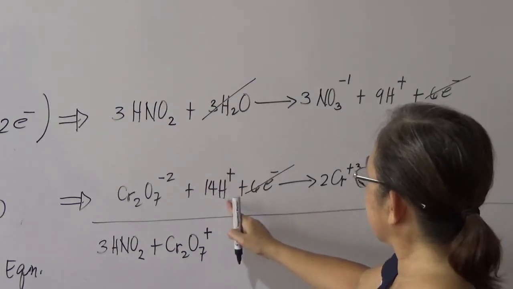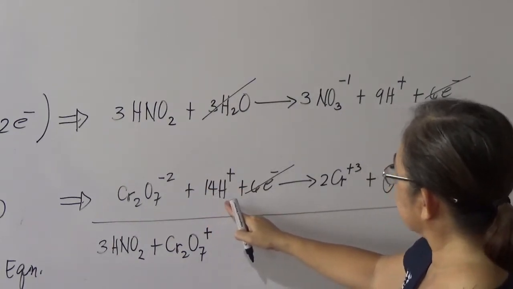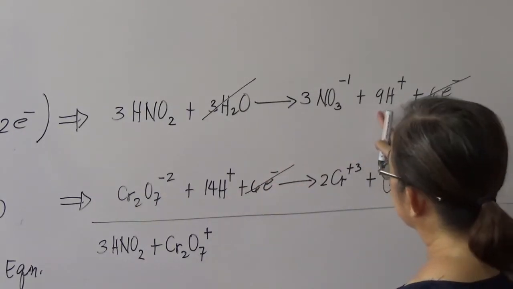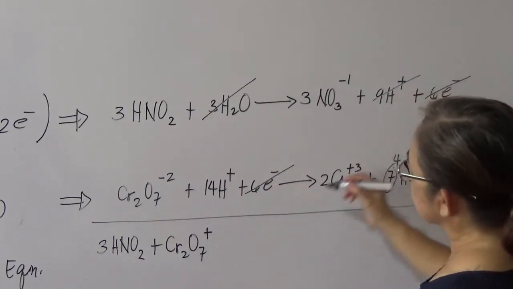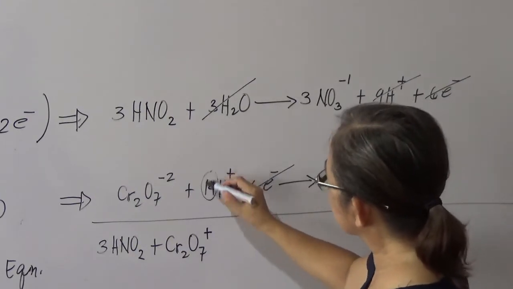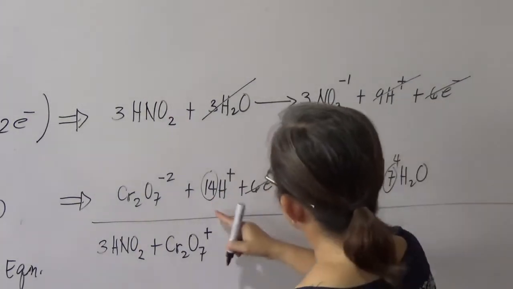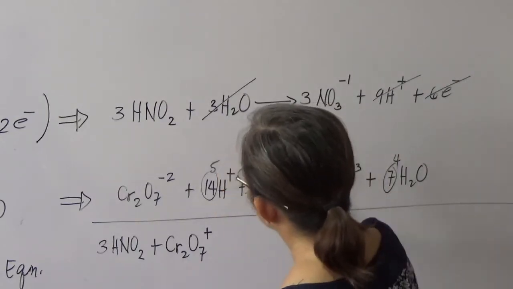For the hydrogen ion, you have 14 hydrogen ion in the reactant side. Product side, you have 9, so you can cancel it out. Then 14 minus 9, that becomes 5.